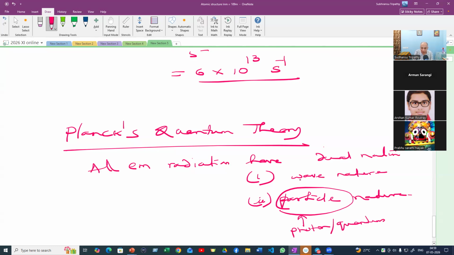Quantum, this might be misleading. Therefore, people started calling it a photon. Although photon, in a true literary sense, means light, visible light. But the word photon became so popular, just like your grandpa will say, "Hey, Arun, please bring the English Samaj."